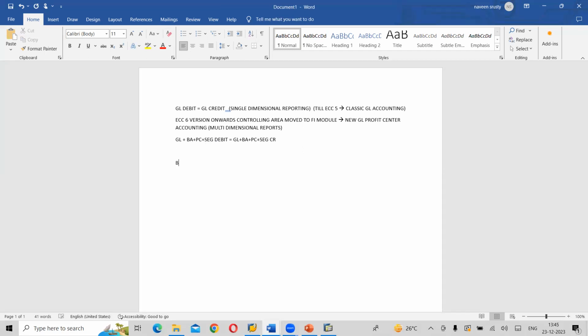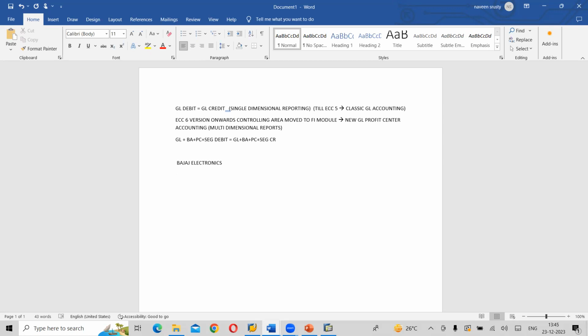So business area, for example, I'm dealing in Bajaj Electronics. I'm implementing SAP for Bajaj Electronics. Bajaj Electronics has different branches in Hyderabad.